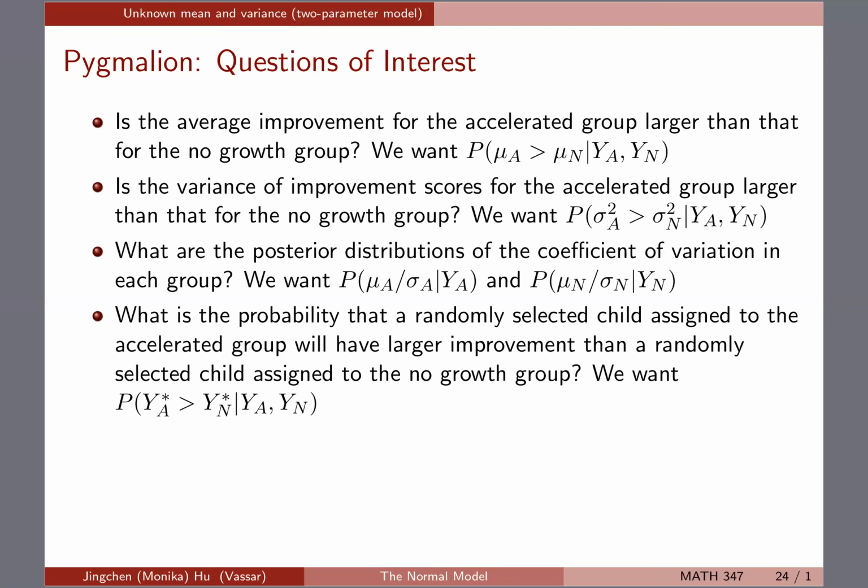So for example, is the average improvement for the accelerated group larger than that for the no growth group? Then we're asking whether the mean, because each of the 6 observations in each of the groups is a change in score, right? So the question is the same as asking the posterior probability of the accelerated group mean, mu A, being larger than the mean of N.